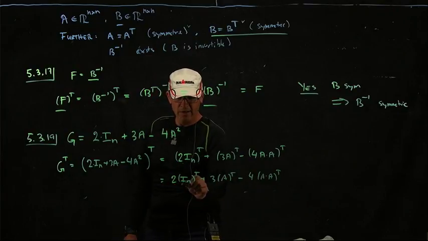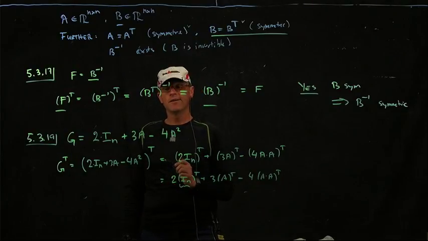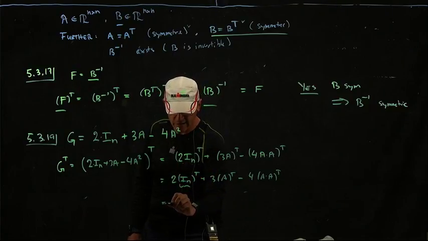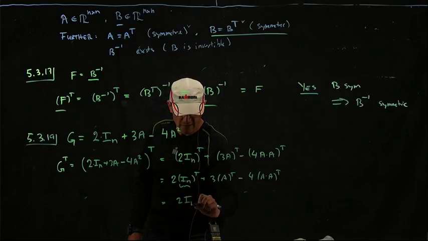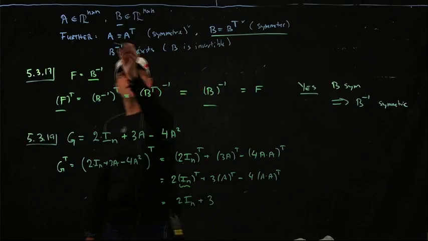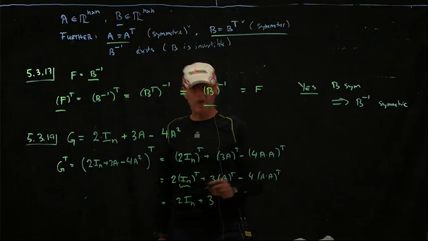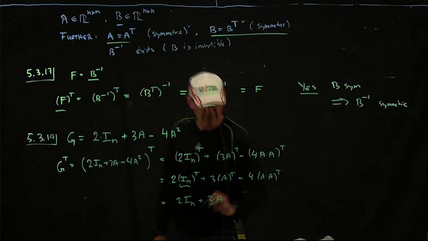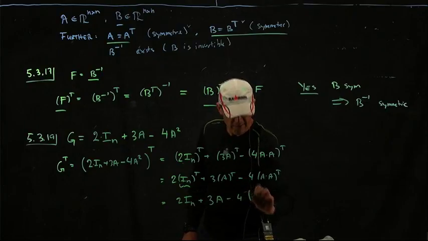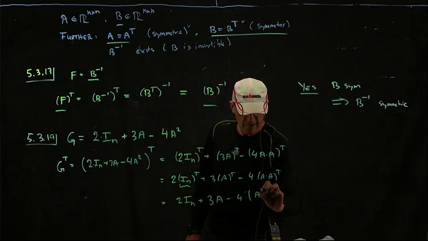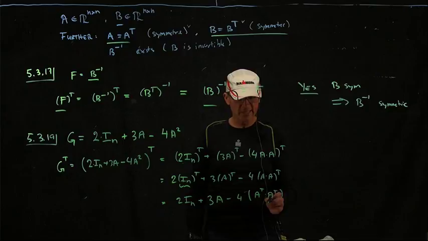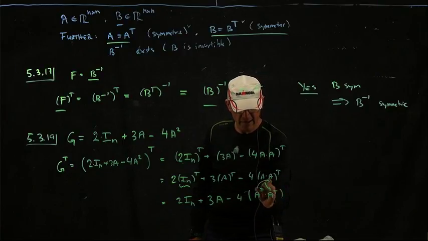So what do we know? Well, identity is a diagonal matrix, so if we take a transpose of identity, we get identity back. So this is just 2 times I_n. We have 3 times A transpose, but A transpose equals A from the property of A. So that's 3A. Then we have minus 4, and we have A transpose times A transpose. So the A's changed places. This A went over here, that A went over here.